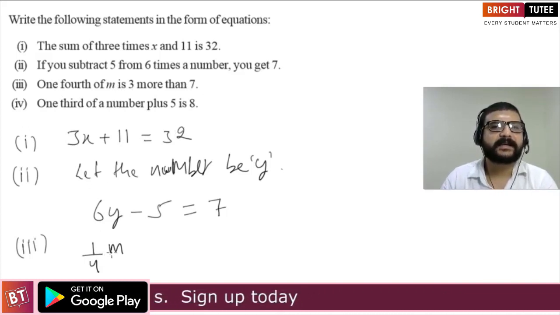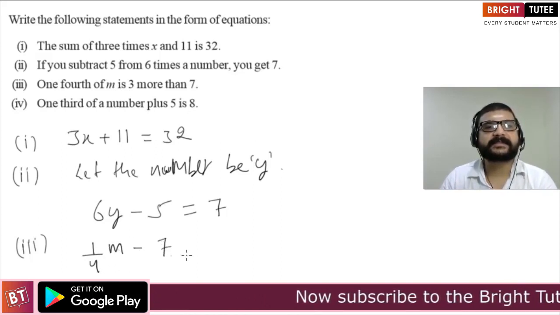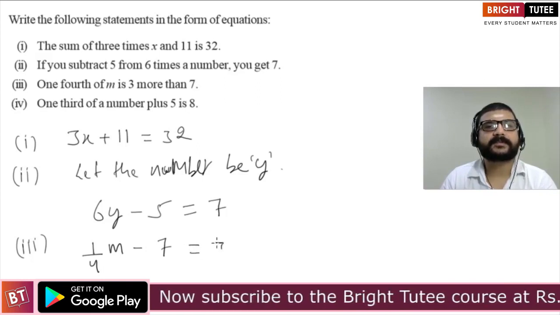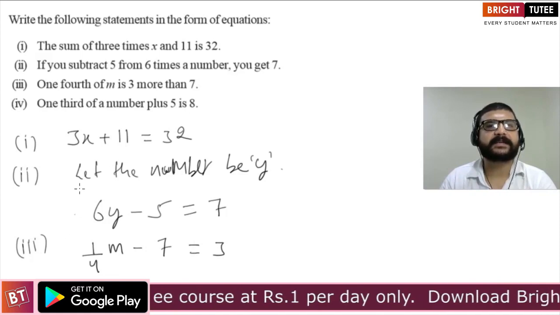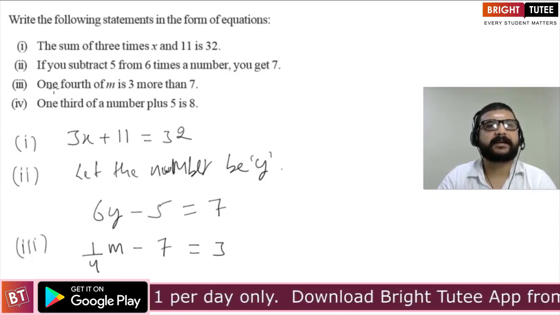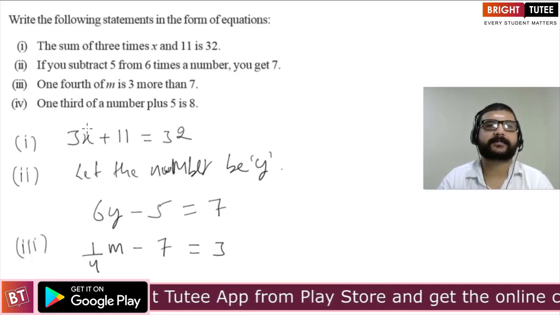So we can say difference between 1/4 of m and 7. This difference is equal to 3. Now this is the mathematical equation which is representing this statement 1/4 of m is 3 more than 7.